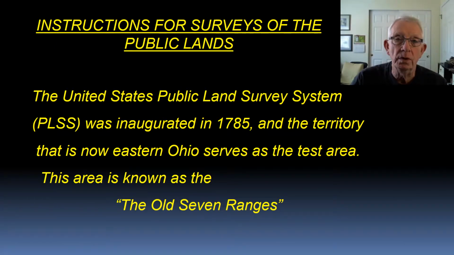As we said before, the United States Public Land Survey System, or the PLSS, was inaugurated in 1785. And the territory that's now eastern Ohio served as the test area for the first surveys in the PLSS. And this area was known as the Old Seven Ranges.